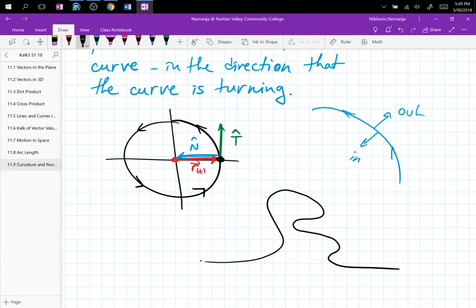Now what's in, what's out? If you are talking about this curvature here, this is out and this is in. But if you're talking about this curvature here, this is out and this is in. So you have to be careful, right? And I'm going to just put the directional motion this way. So you have to be a little bit careful about this.